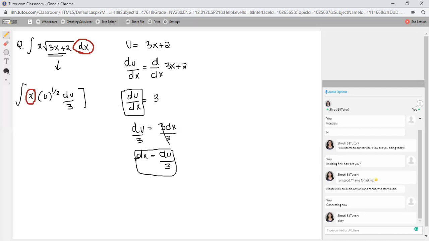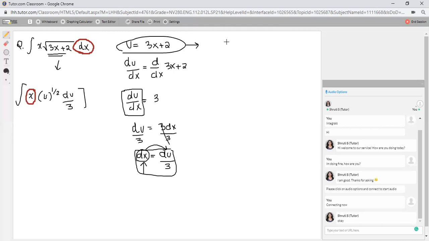When we wanted to write dx in terms of du, we solved for dx. So I guess we have to do something similar. From which equation can you solve for x now? Maybe this one. Yes, very good. So from here you can solve for x and get x in terms of u.